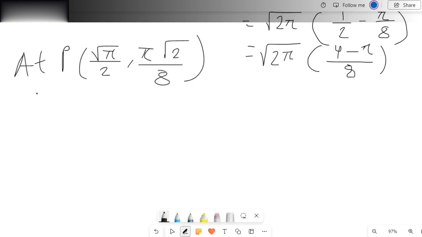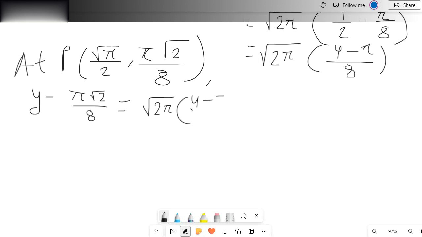Using the formula y minus y1, we have y minus pi root 2 by 8 is equal to the gradient, which is root 2 pi multiplied with 4 minus pi by 8, into x minus x1, which is root pi by 2.